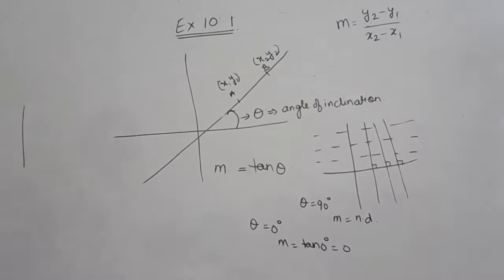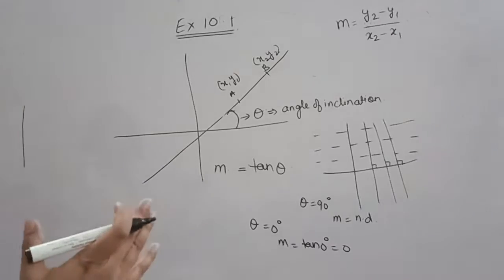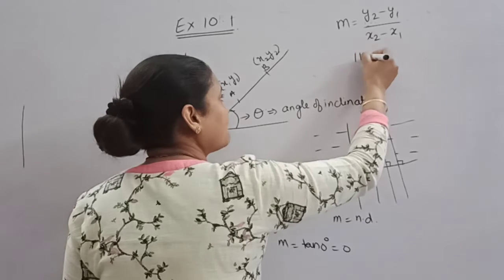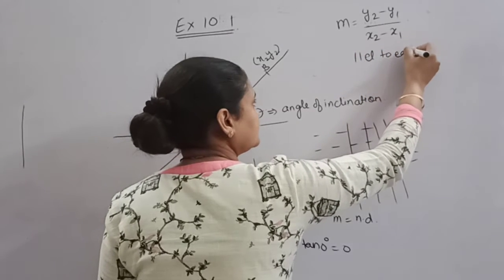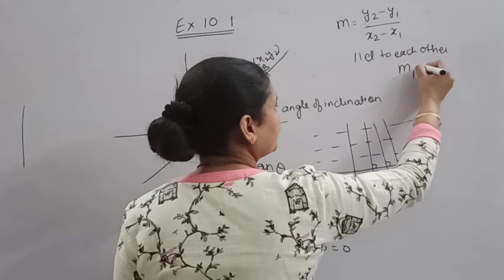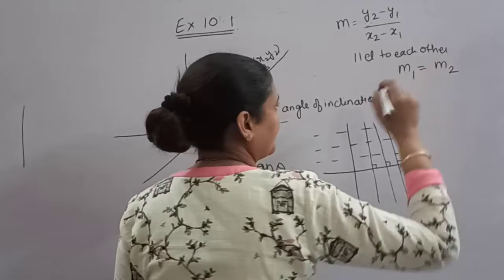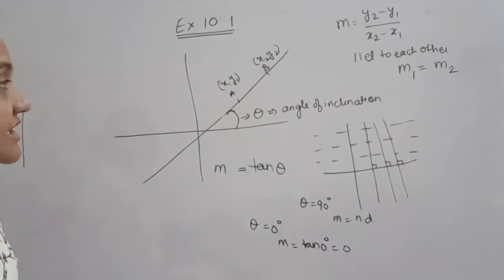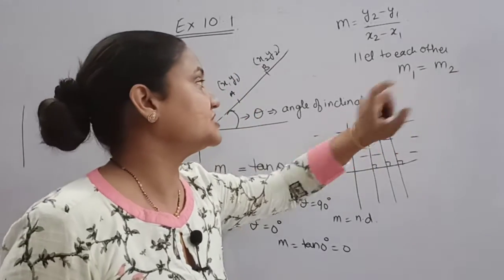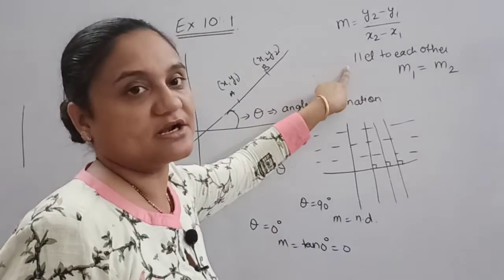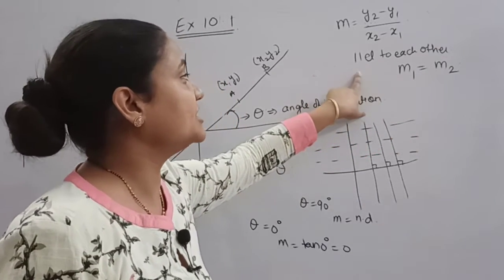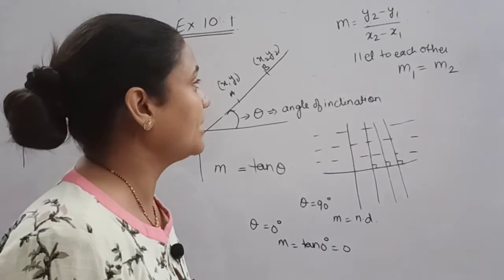Now after this what have we studied? The condition of parallel and perpendicular lines. If the lines are parallel to each other, then the slope of the first line will be equal to the slope of the second line. Or we can say that if the slopes of two lines are equal, then the lines are parallel. अगर दो lines का slope आपस में बराबर है तो parallel होंगी.